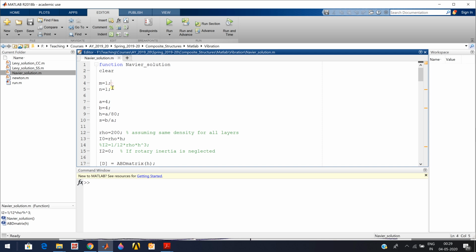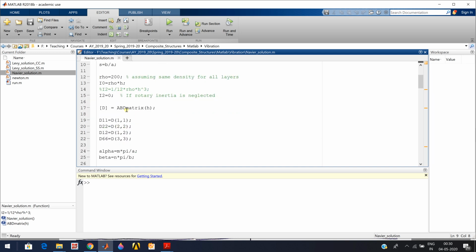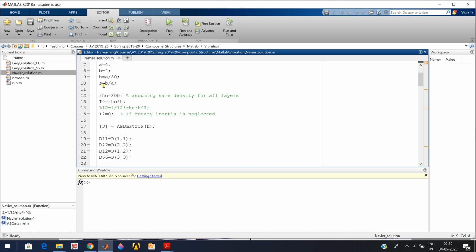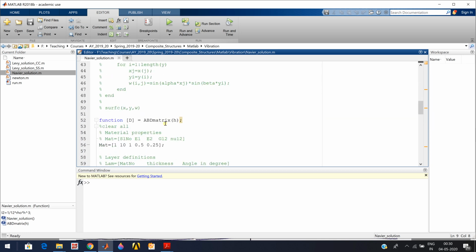So here first let us say I want to calculate frequency for m and n 1, and then square plate, so a and b same, so I have taken 4 as the plate length and width, and h is a by 10 taken here, s is the aspect ratio b by a, and then the D matrix is calculated from the material properties.